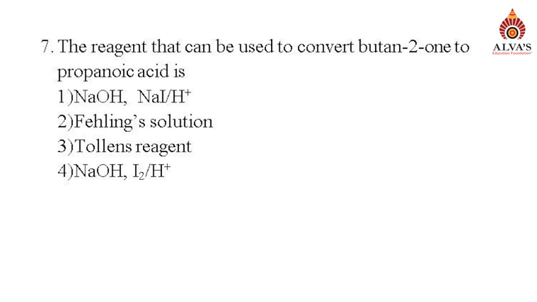Question number 7. The reagent that can be used to convert butan-2-one to propanoic acid is. The options given to us are sodium hydroxide, sodium iodide in acidic medium, Fehling solution, Tollen's reagent, and 4th is sodium hydroxide, iodine in acidic medium.